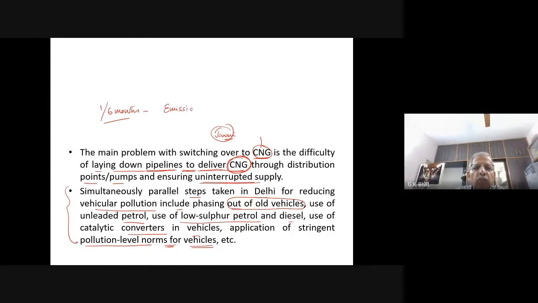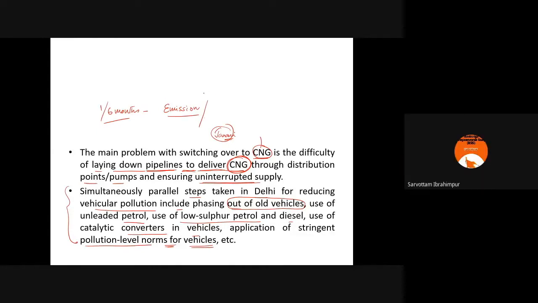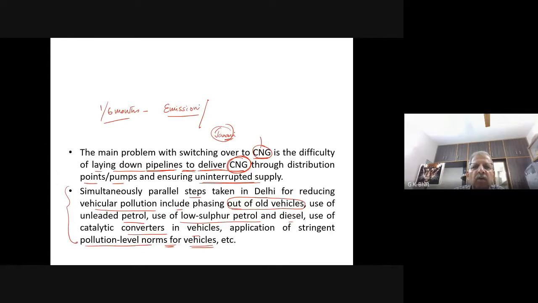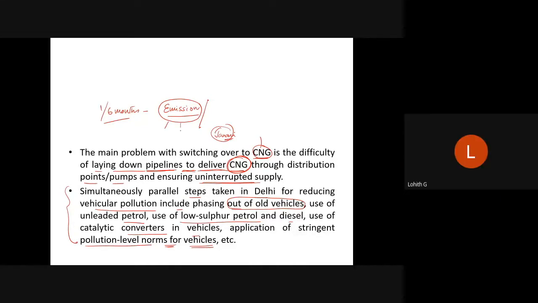When did the emission test of your bike get done, do you remember? Sarvottam, you are from which place? I think it is 3 months, sir. Is it 3 months? Lohit, any idea? No, sir.